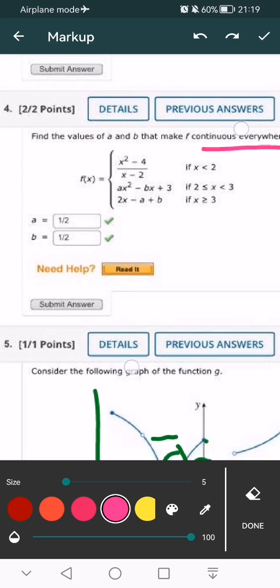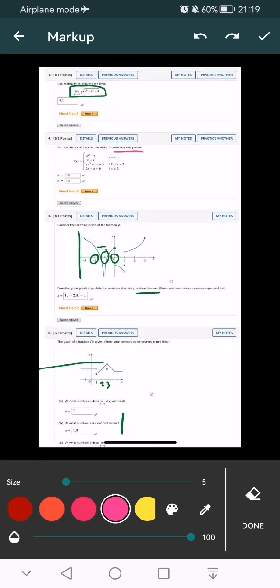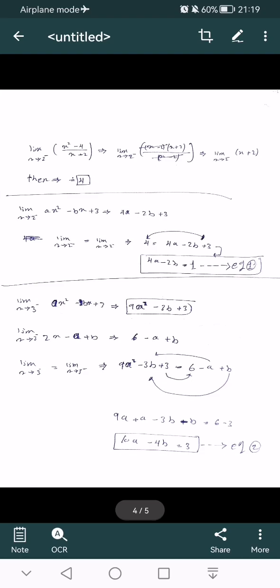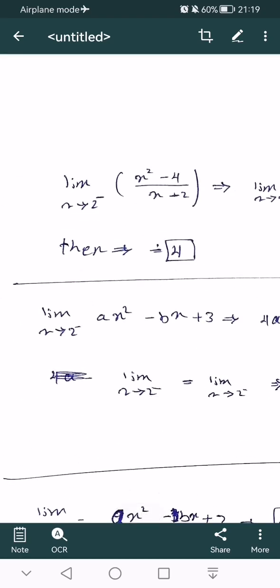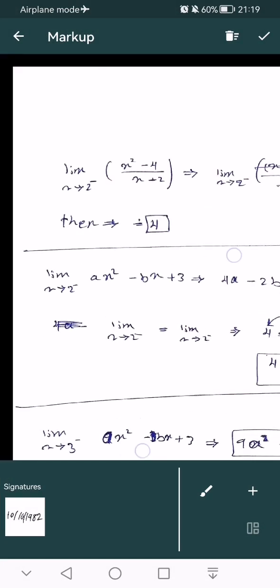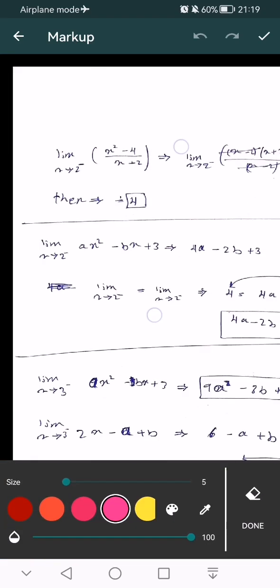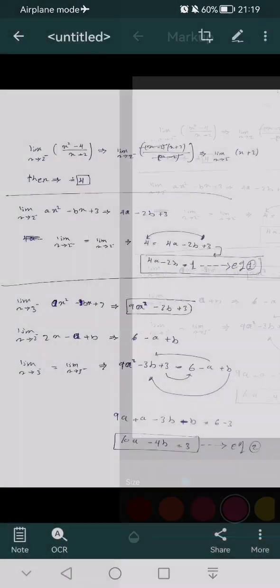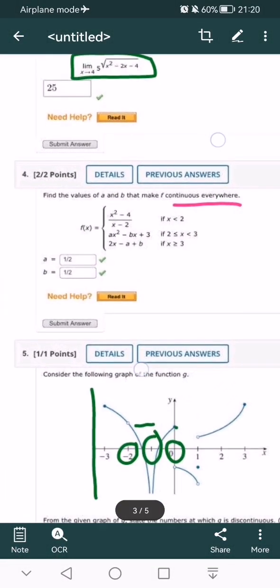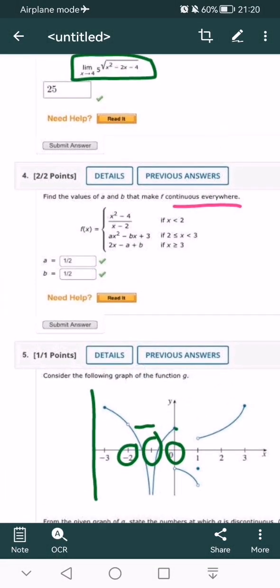Now I will come to the solution. I will explain it in detail, slowly. So let us start. First of all, I have the limit as x goes to 2 of x squared minus 4 over x minus 2, when x is less than 2.